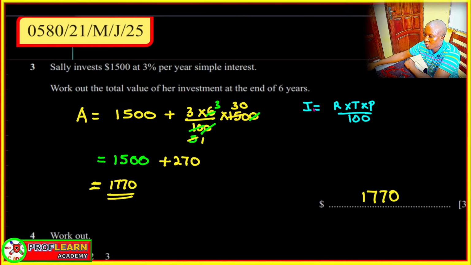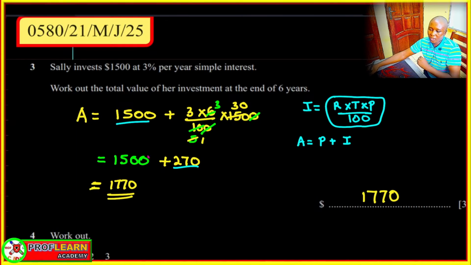So you can find interest by that, but the amount now will be the initial principal plus the interest that we have gotten here. So that is why you can see I said 1,500 times this. Here I was calculating the interest, and then after getting the interest as 270, you can add it to the initial amount for you to get the answer for that particular part.